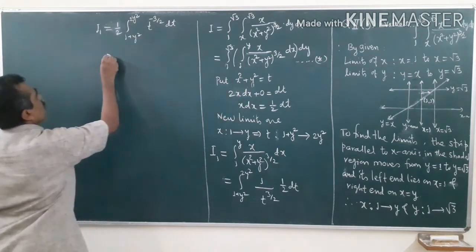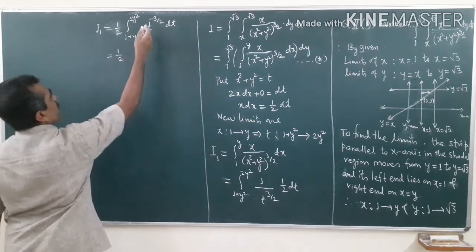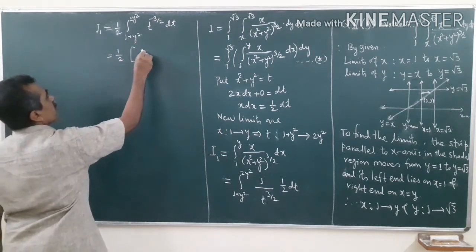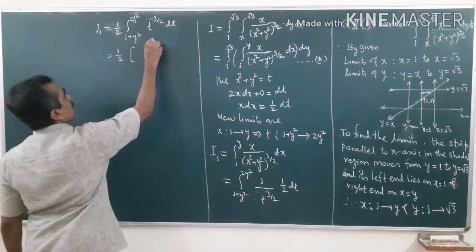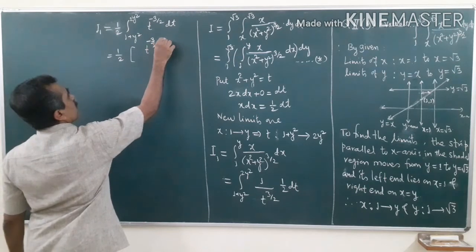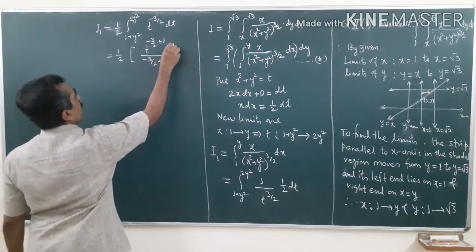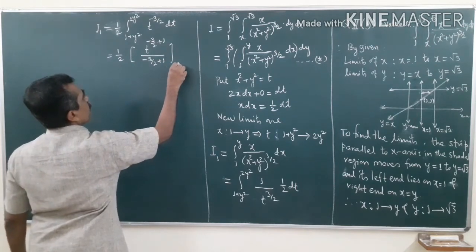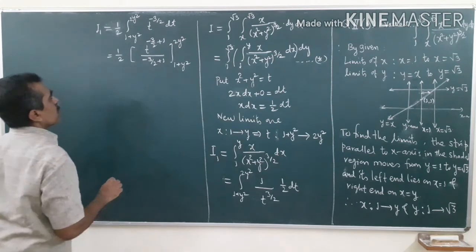So this is equal to half. Now take the integral of t raised to minus 3 by 2, which is t raised to minus 3 by 2 plus 1 divided by minus 3 by 2 plus 1, with limits from 1 plus y square to 2y square.